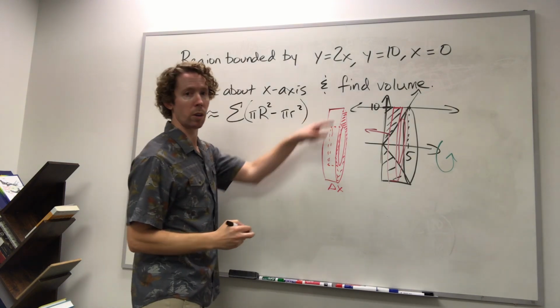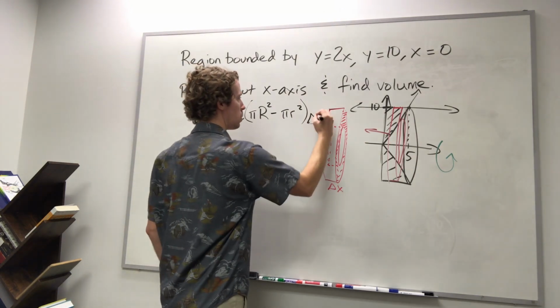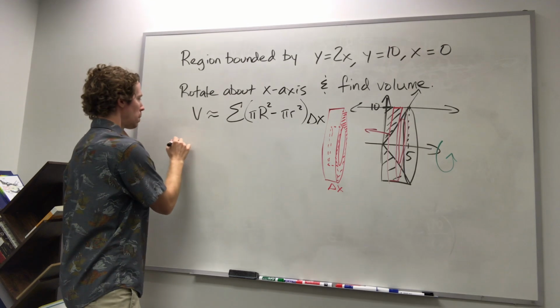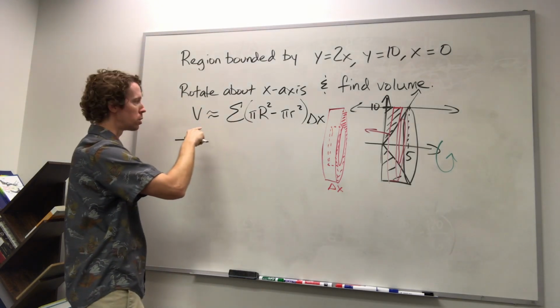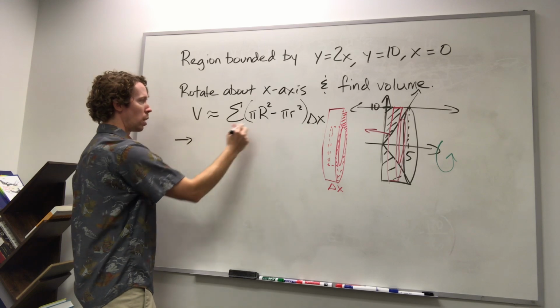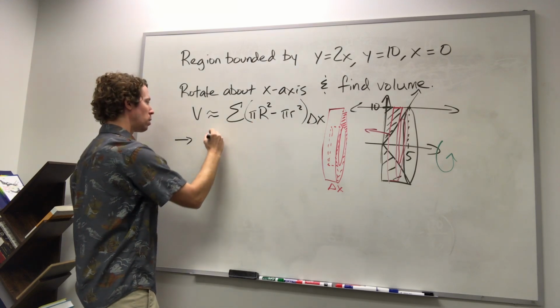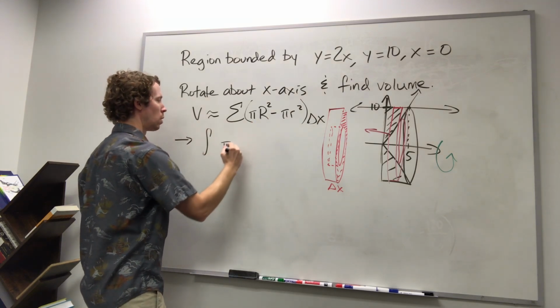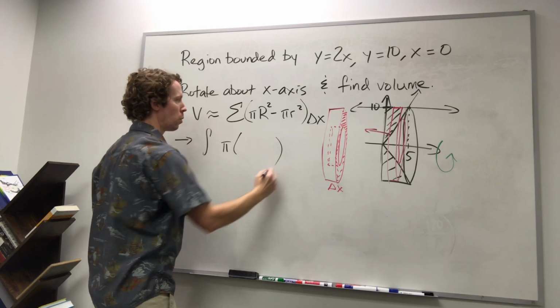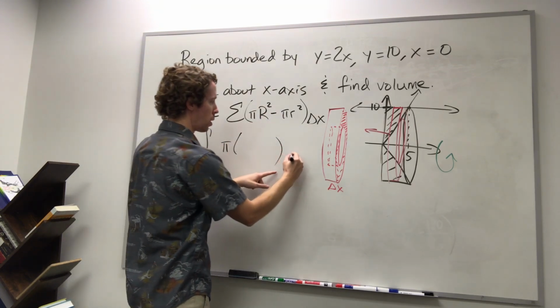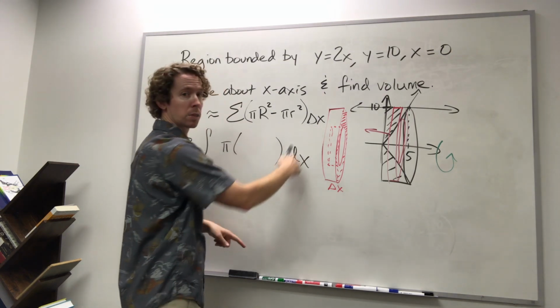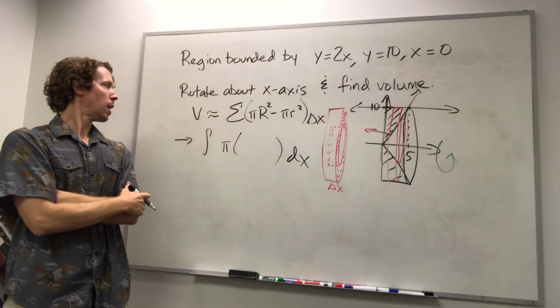That's the shaded in red area times the width. When you take the limit of this, as delta x goes to 0, it turns into an integral. I'll factor that pi out. And then what I have left is big R squared minus little r squared. And then the delta x becomes dx in the integral.